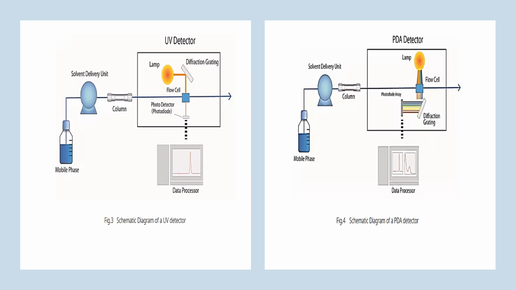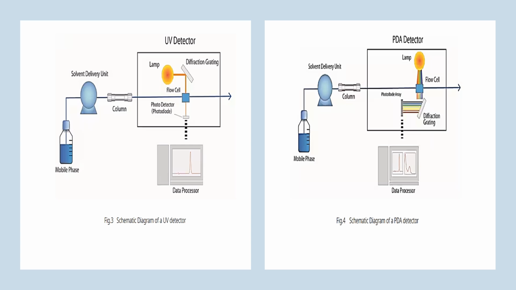Now a UV visible detector with a deuterium lamp and a tungsten lamp is suitable for monitoring not only UV but also visible light. In the other figure, the PDA detector, the light is emitted from a lamp installed in the PDA detector, passes through the flow cell and is then separated with a diffraction grating.